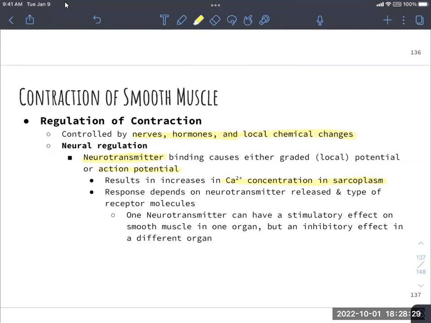We have one neurotransmitter that can cause the smooth muscle in your stomach to contract. But if that neurotransmitter gets released at your larger arteries, that same neurotransmitter there may prevent contractions from occurring.